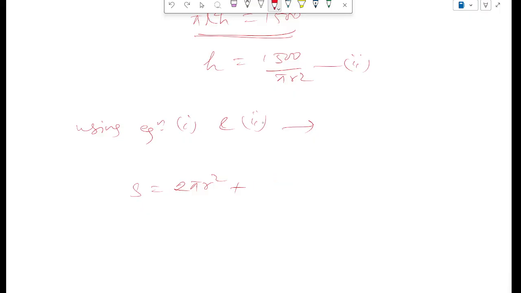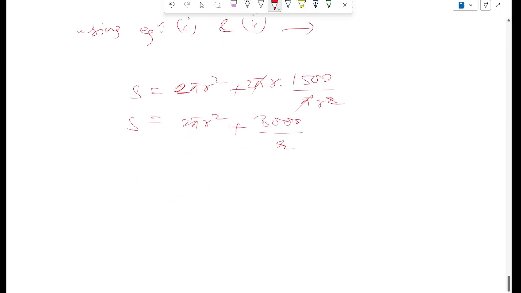This is 2 pi r square plus 2 pi r into h, where h is 1500 by pi r square. So finally we can write S equals 2 pi r square plus, pi gone, 3000 by r. This is our final function in single variable that we need to minimize.